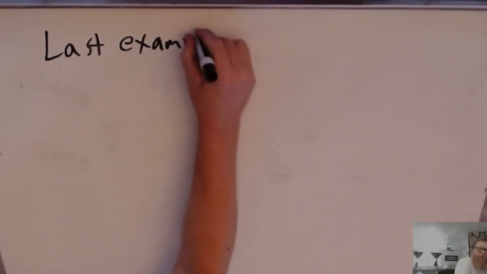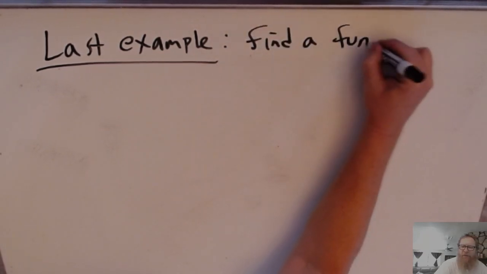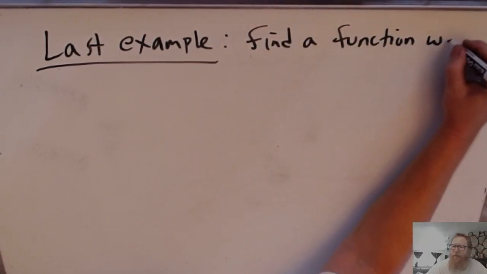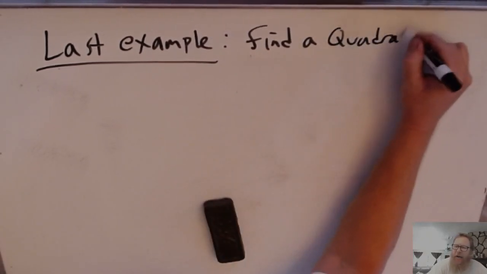Okay, last example. I don't even remember what number I'm on, so I'm just going to call this the last example. Find a quadratic function. That's the topic of the day.